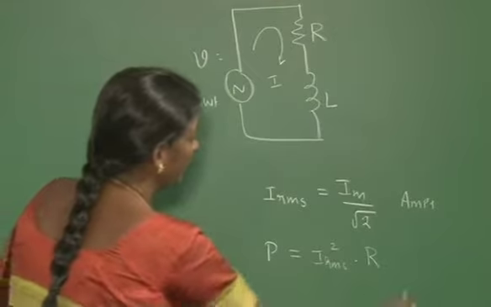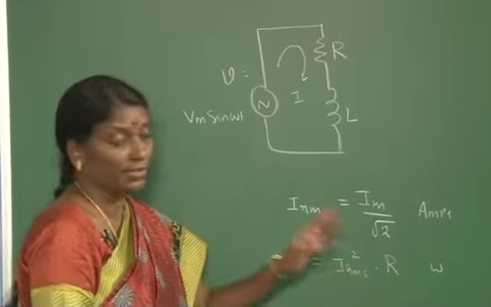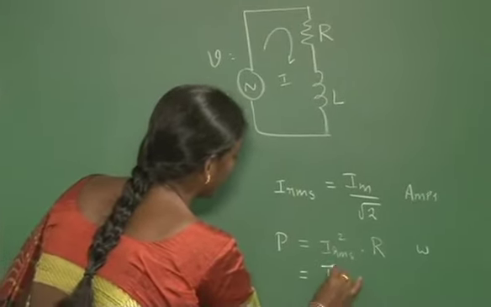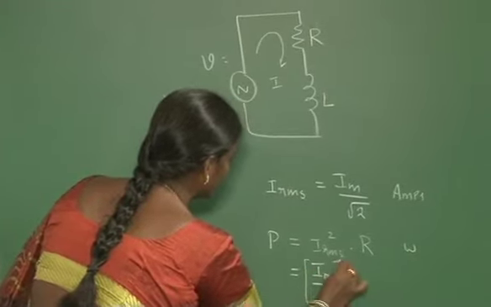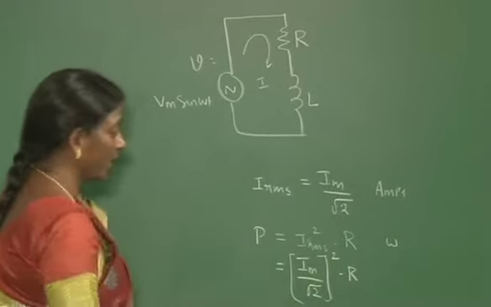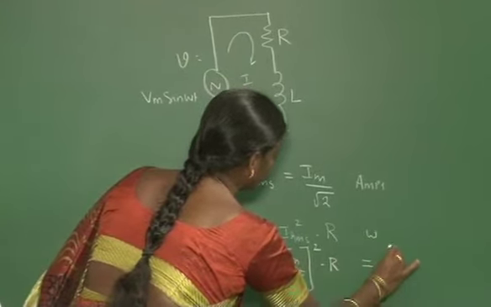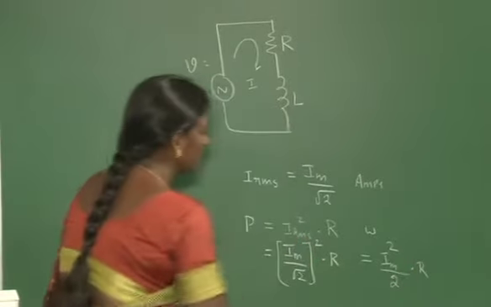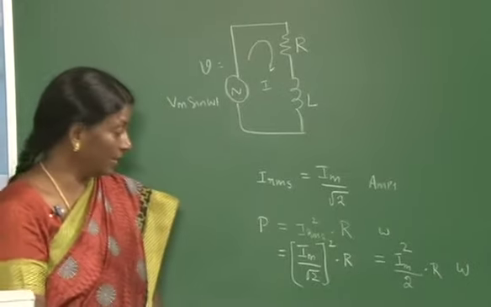This is the power dissipated in a resistive circuit. Substituting IRMS as Im by root 2, we can take it as Im square by 2 into resistance. This is the RMS power dissipated by the resistor.